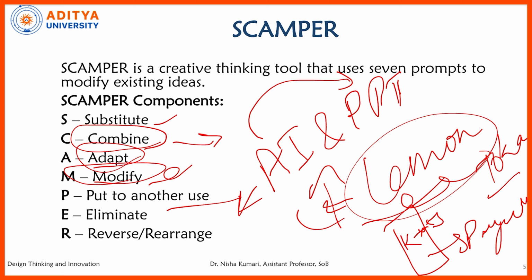Put to another use. The core purpose of a particular resource is there, and we utilize it for that, but apart from that we are also utilizing that resource in another way. For example, when we talk about restaurants, why do they create food? They create food for customers; customers come, they pay some amount of money, and we deliver the food.